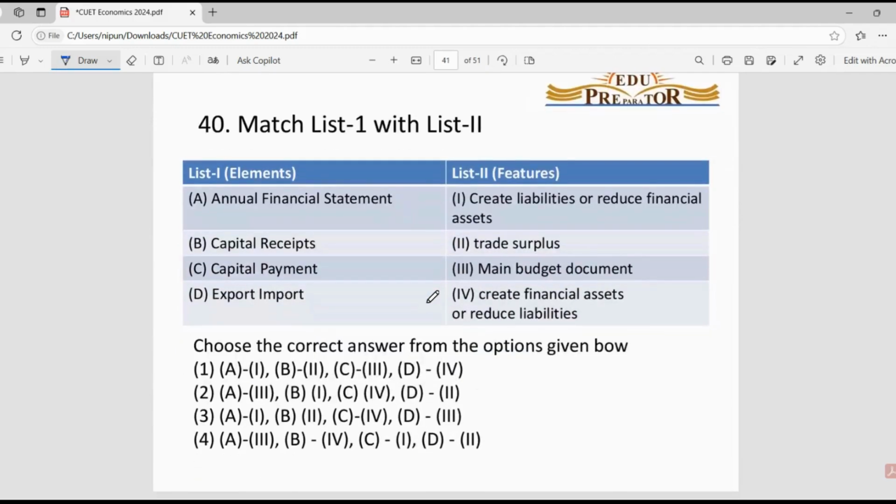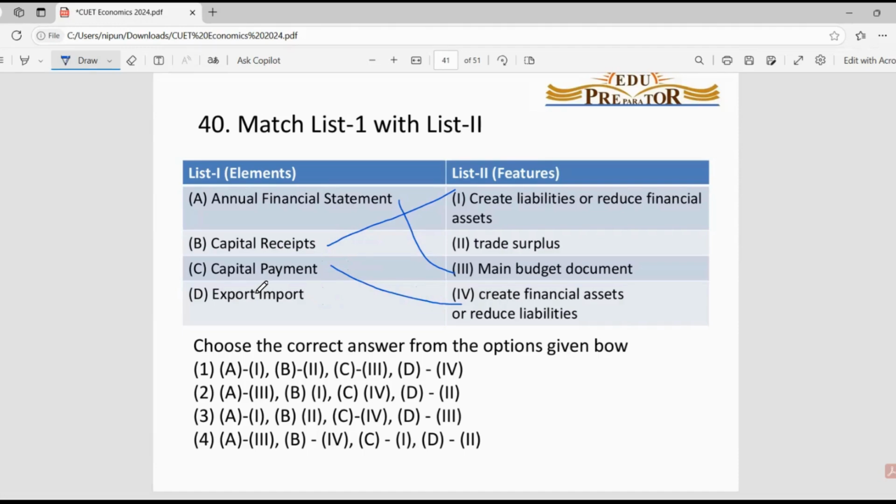आगे चलते हैं. Match list 1 with list 2. Annual financial statement. ये बजट है. What is the main budget document? That is an annual financial statement. Capital receipts. क्या होती हैं capital receipts? जिससे या तो assets घटे या liability बढ़े. Asset कम हो, liability बढ़े. Capital payment या capital expenditure. Asset बढ़े और liability कम हो जाए. और export minus import.